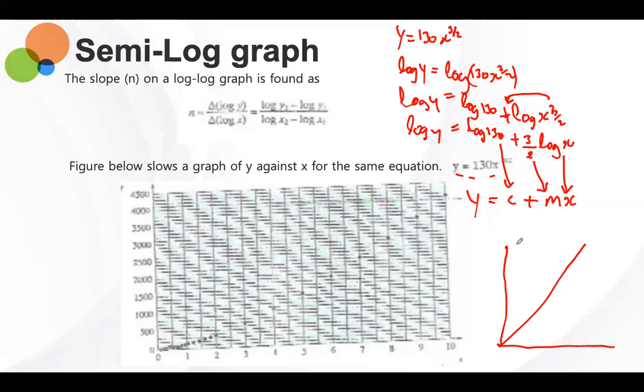Remember, slope or gradient? How do we calculate our slope or gradient? Anybody remember? What's the formula to find our gradient?